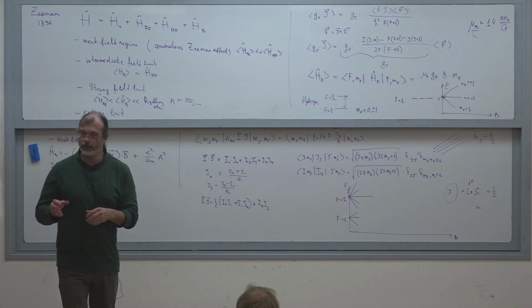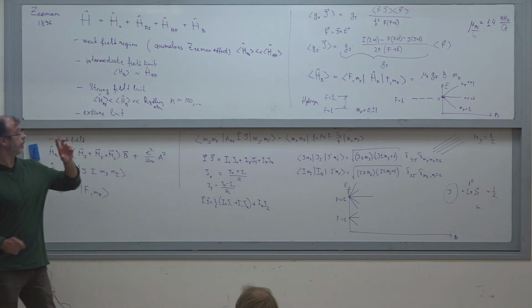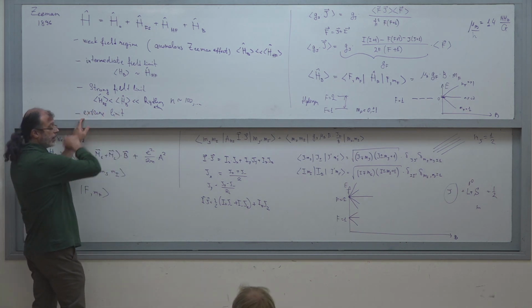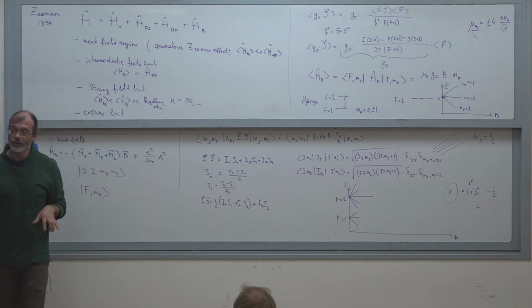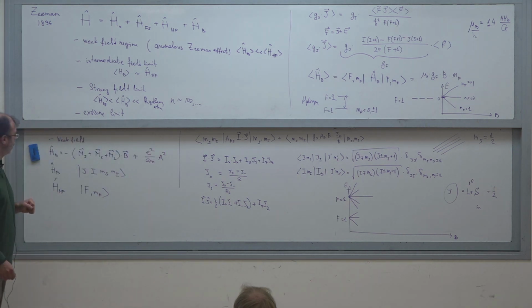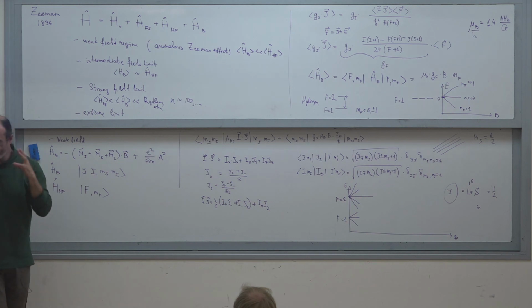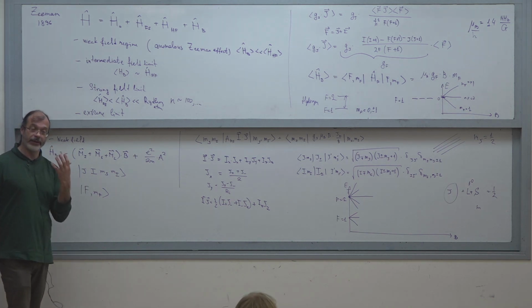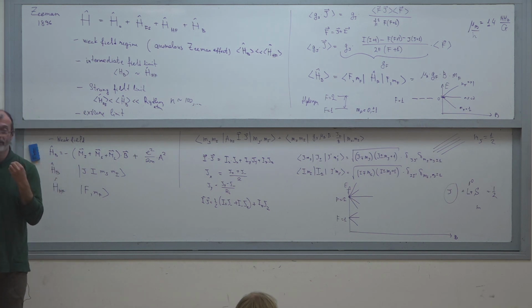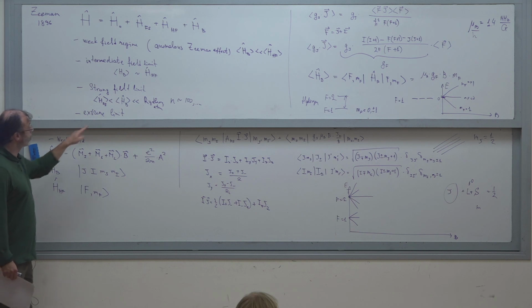I would like to describe this regime, the extreme limit, where we need this term. So this term starts to play the role. We can discuss a little bit about this story. We are not going to treat that exactly. We just want to get a feeling about what the magnetic field should be in order to get to this regime, right?